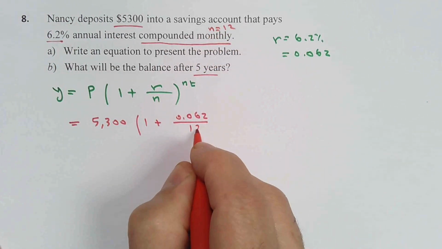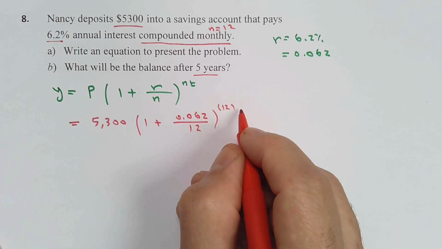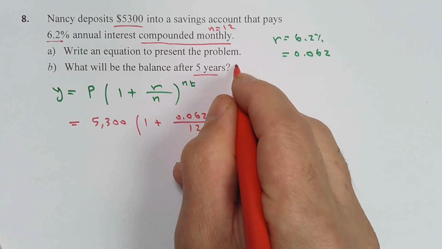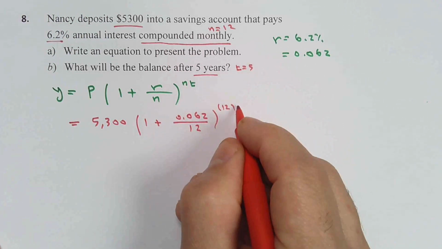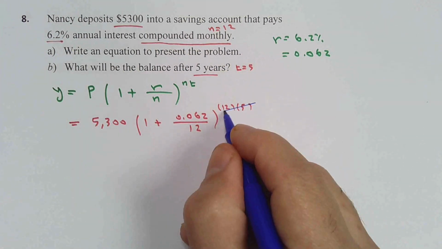So we have 12 here, all to the power 12 for n and 5 for t. T equals 5. To reduce typing, we could change 12 times 5 to 60, because that is 60.